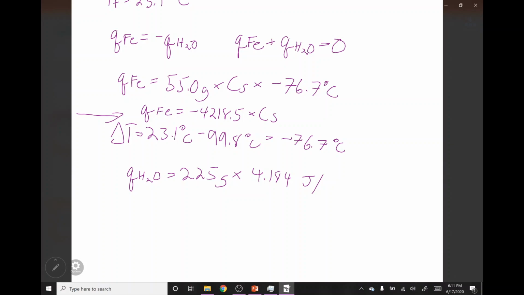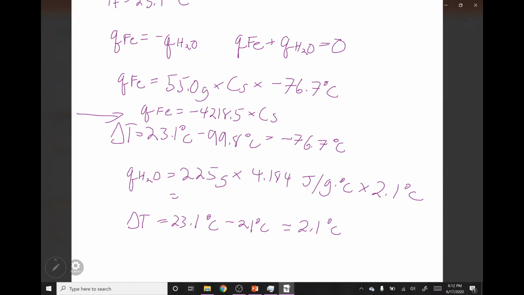So that's going to be times what? The delta T for the water. They tell us the initial temperature of the water is 21 degrees C. The final temperature is 23.1 degrees C. So 23.1 degrees C minus 21 degrees C gives us 2.1 degrees C. So we'll just say times 2.1 degrees C. So Q for water comes out to 1977 joules.